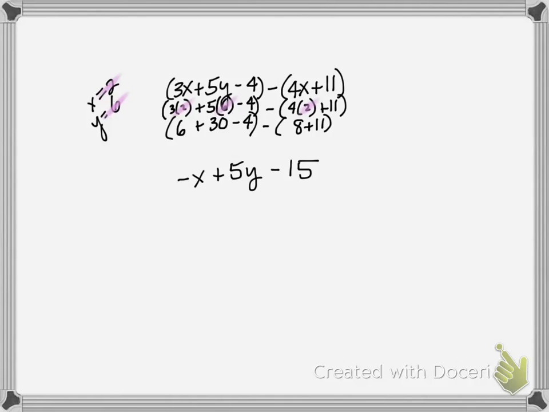Okay, so if we go ahead and do the parenthetical stuff, so we have 6 plus 30 is 36, minus 4 is 32. Okay, and then we subtract this, which is 8 plus 11, which is 19, and that would give us a total of 13. Okay. So by plugging in 2 for x and 6 for y, we came up with 13. That's what it evaluates to.